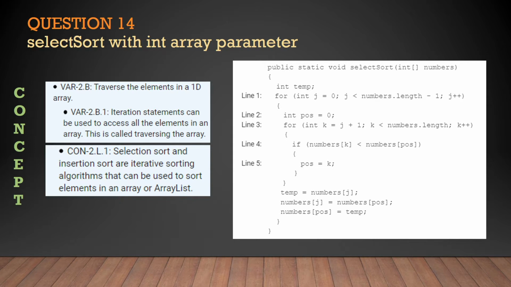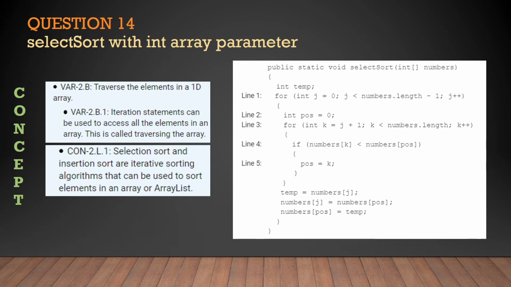Now this should be an algorithm that looks familiar to you. You'll notice we have 2 for loops and some code to do some swapping. I hope that tells you something. Well, if it doesn't, the question tells you. The question here tells you select sort. So can you guess? We're using selection sort.